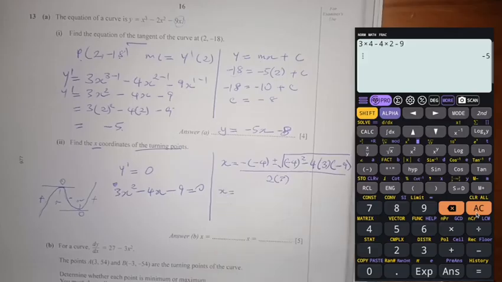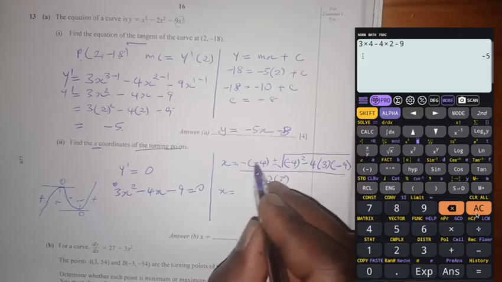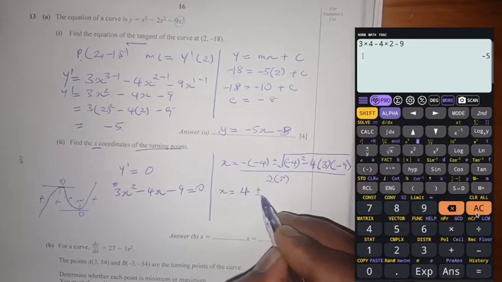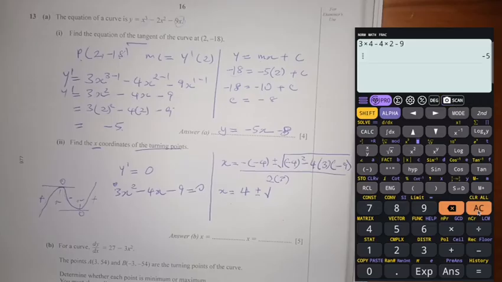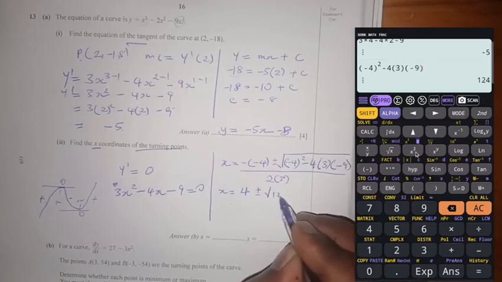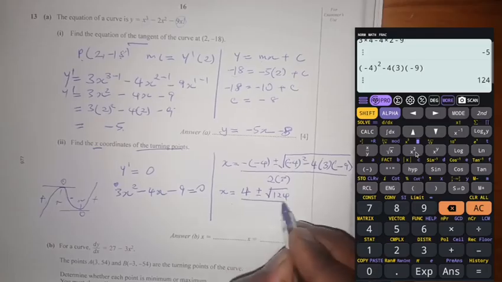Now let's simplify just a little. This is 4 plus minus the square root. Let's use a calculator for everything that's under the square root there. We're having negative 4 squared minus 4a, which is 3, times negative 9. The answer is 124, over 6.